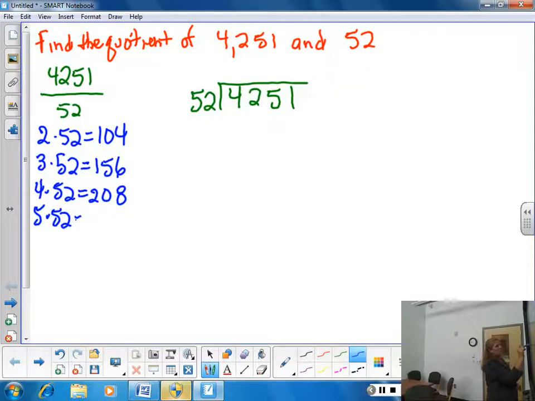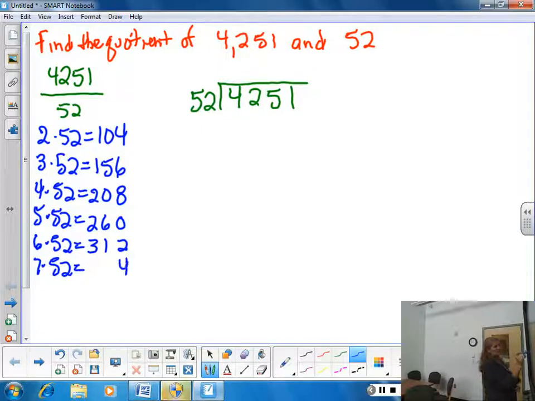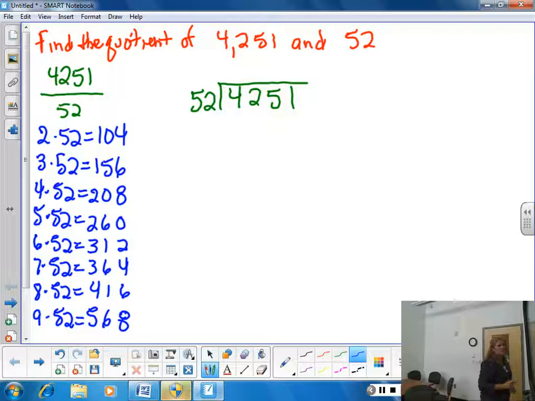5 times 52, we're going to add 52, and that gives me 260. 6 times 52, add 52, you get 312. 7 times 52, add 52, you get 364. 8 times 52, add 52, you get 416. 9 times 52, add 52, you get 468.